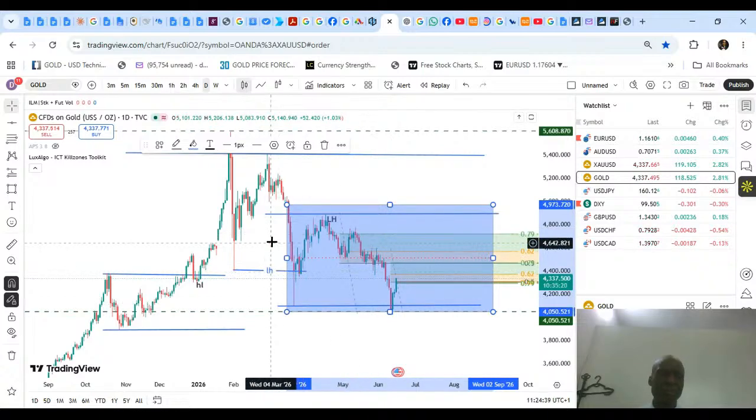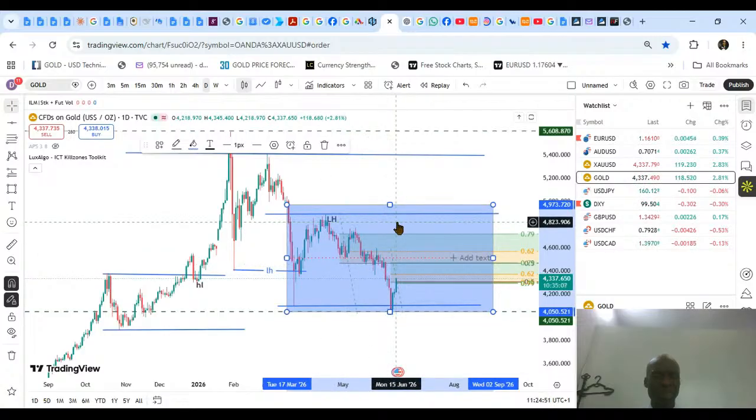Now, if you are on a downtrend, you'll be hoping to place trades in the premium zone, which is above, where the prices are higher. In the middle, we have the equilibrium.